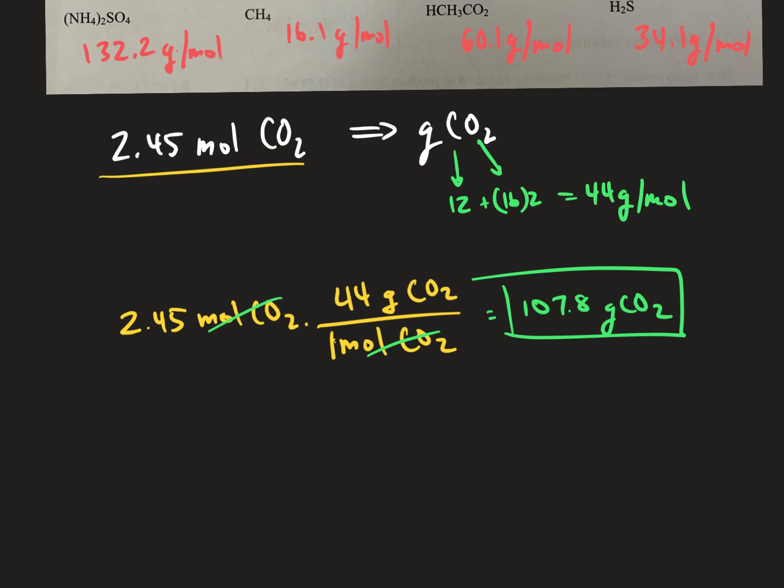We don't have a way of measuring moles. So we're just converting 2.45 moles of carbon dioxide to grams of carbon dioxide. And again, this is just a single step. Okay? Any other questions? Are we getting this?